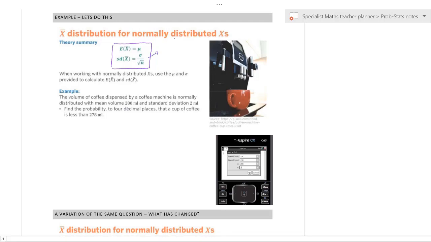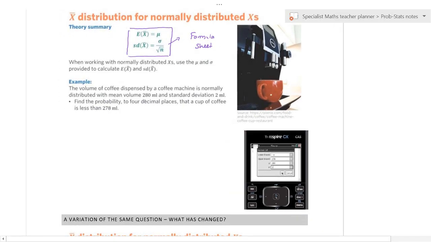That is on the formula sheet, but you should not have to remember it. When working with normally distributed x's, use mu and sigma provided to calculate the expected value of x bar and the standard deviation.